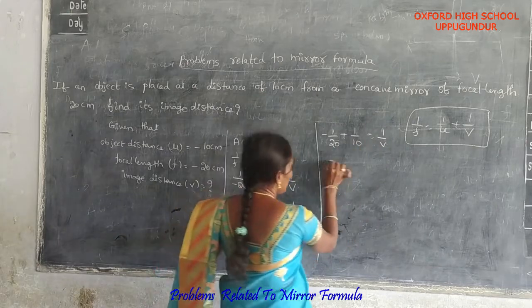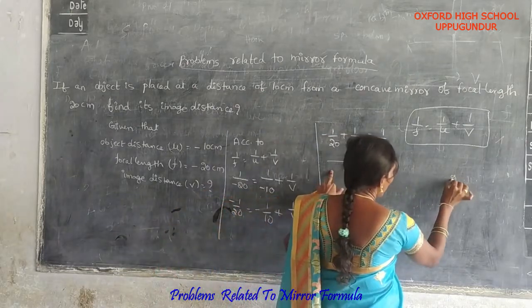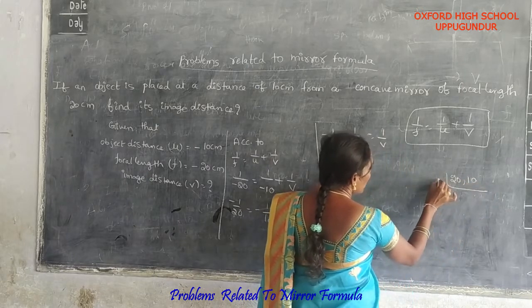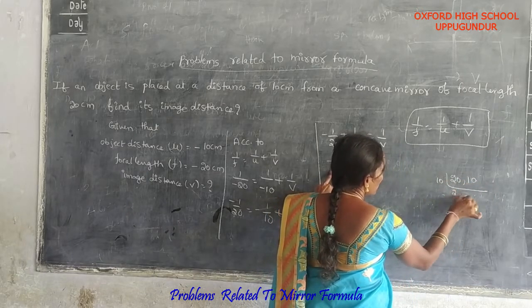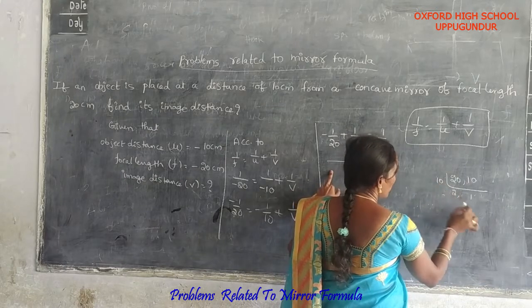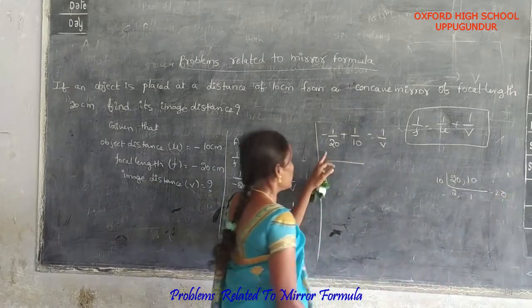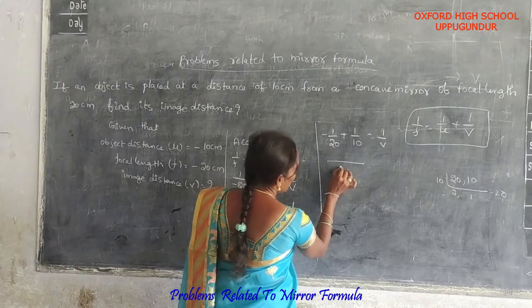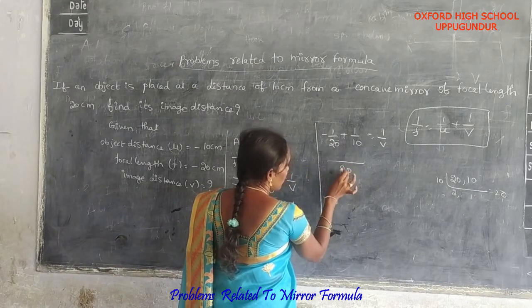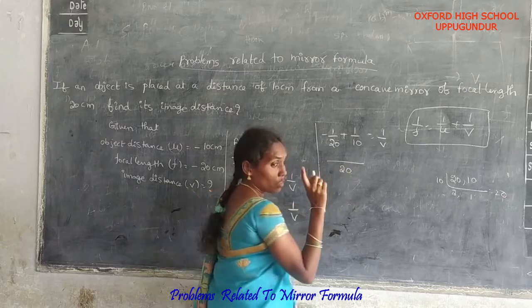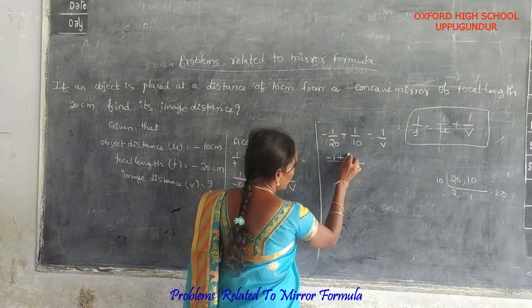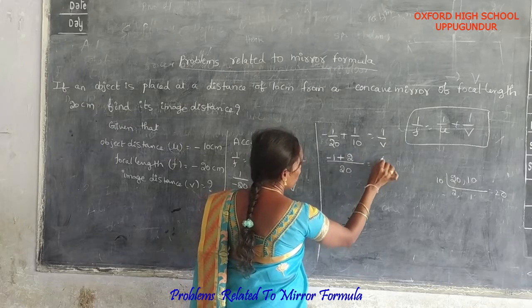Write the LCM of 20 and 10. The LCM of 20 and 10 is 20. 20 ones are 20, that means 1, and 10 twos are 20.